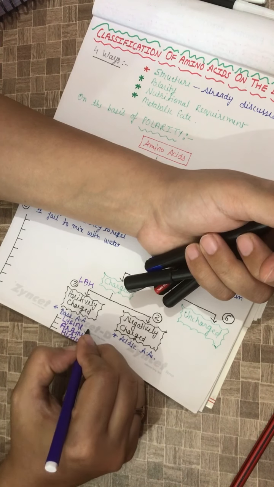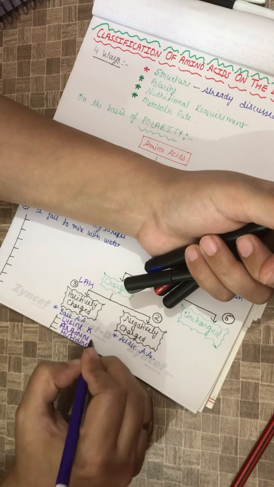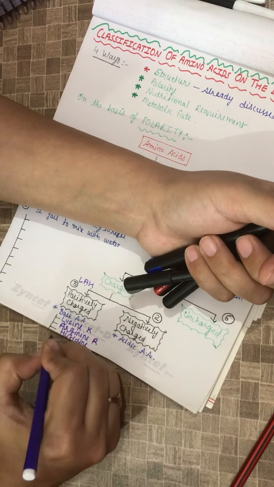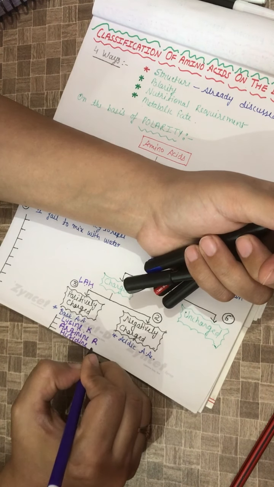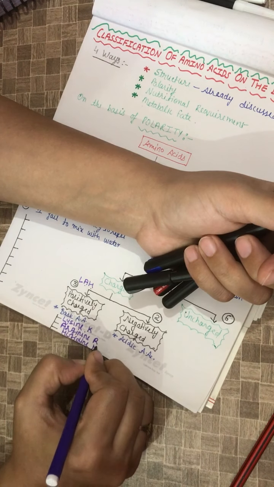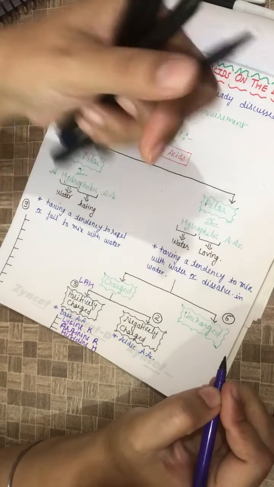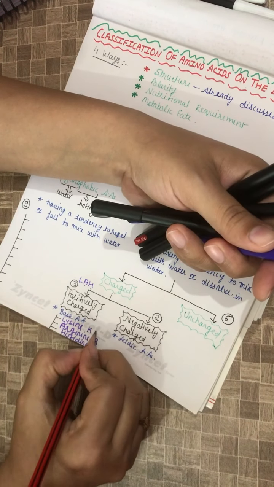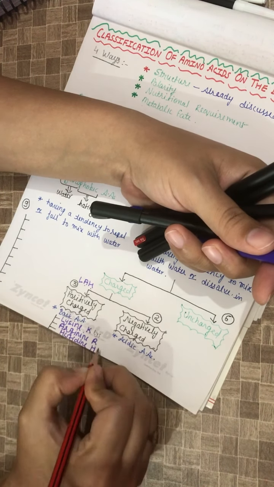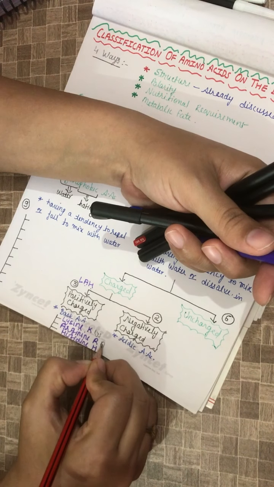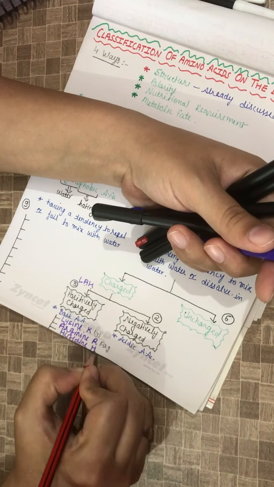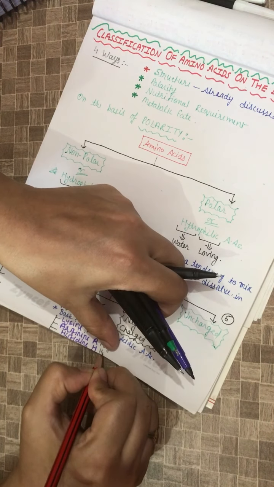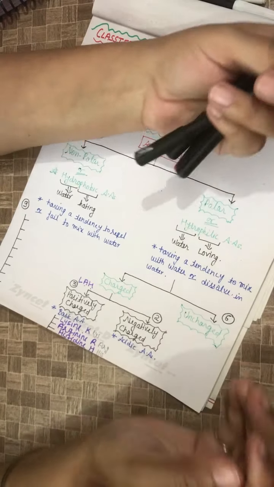Single letter symbol of lysine is K, single letter symbol of arginine is R, and single letter symbol of histidine is H. And the 3-letter abbreviation of lysine is LYS, arginine is ARG, and histidine is HIS.